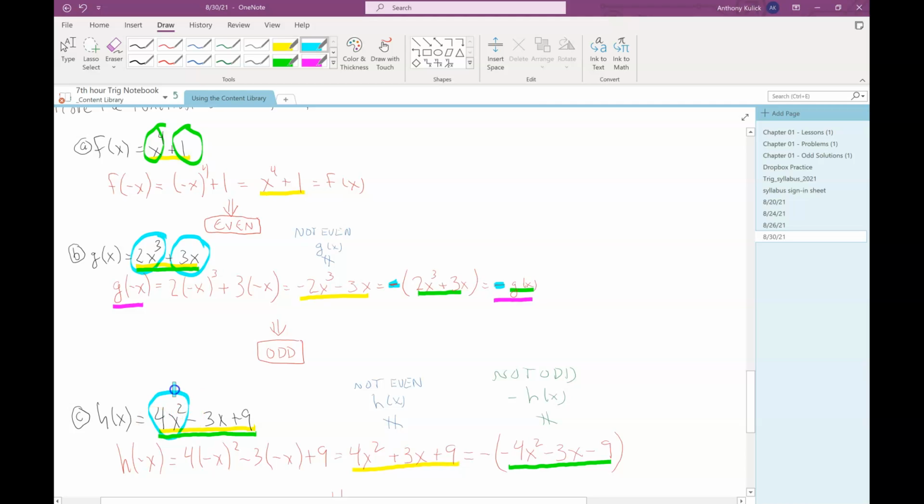And in the last one, I have a degree 2, a degree 1, and a degree 0. Because they're not all odd or even, I know it'll be neither. So that's nice, right? You can look at a lot of these and just tell right from the jump whether they'll be odd or even, just by looking at what the exponents are on the monomials. That's pretty cool.